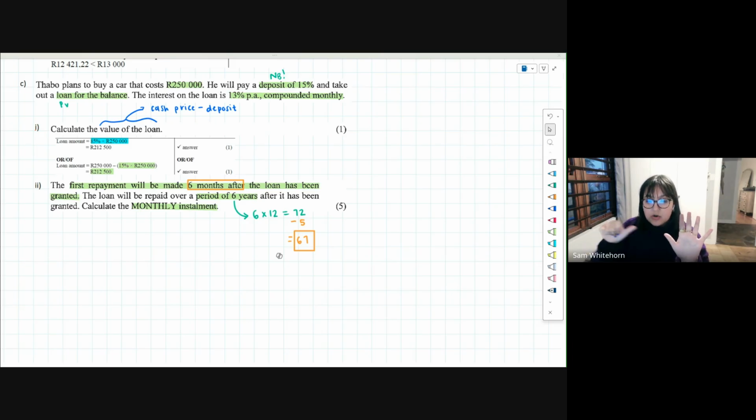But once that first month has happened, I now have 5 more months where I have to make repayments, but in this case didn't. And because I'm missing out on 5 repayments, my number of repayments needs to decrease. I now need to pay off this loan in a shorter amount of time. And so I subtract the 5 months that I missed to get how many months I still have left to pay off this loan. So we now only have 67 months to pay off this loan. Does that make more sense to the people who are a bit confused? Just give me a thumbs up.